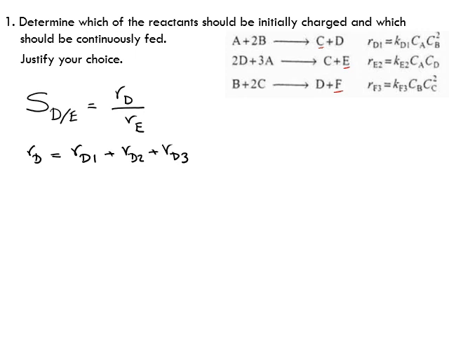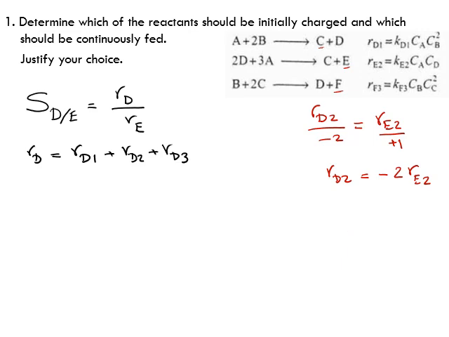We relate it through the stoichiometry. RD2 divided by minus 2 equals RE2 divided by plus 1, correct? So this will leave us with RD2 equaling minus 2 RE2. Okay?